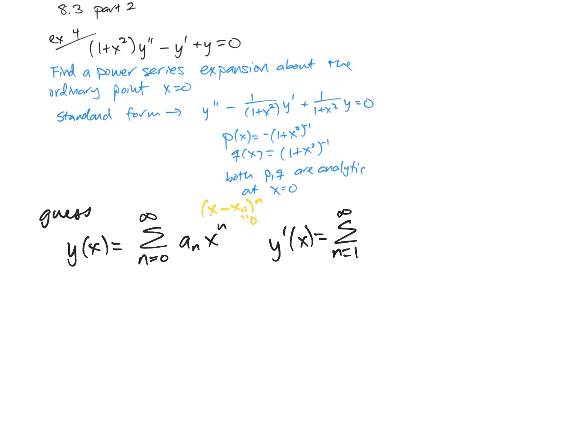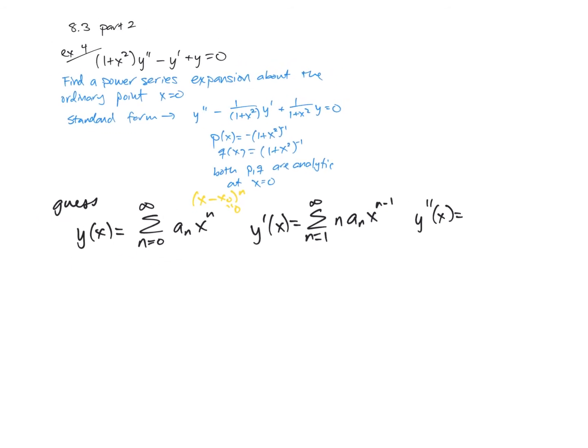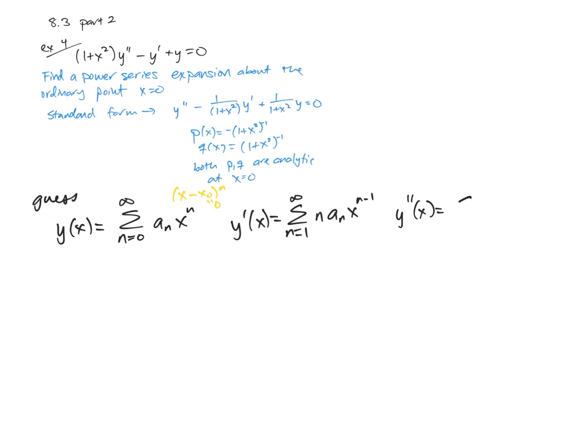So we start from n equals 1 to infinity of n a_n x to the n minus 1. And our y double prime of x is equal to the sum from n equals 2 to infinity of n times (n minus 1) a_n x to the n minus 2.